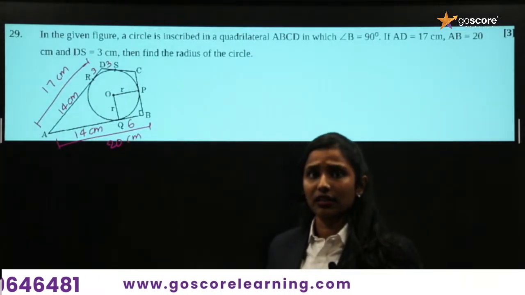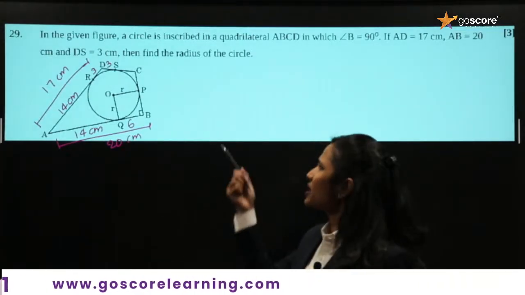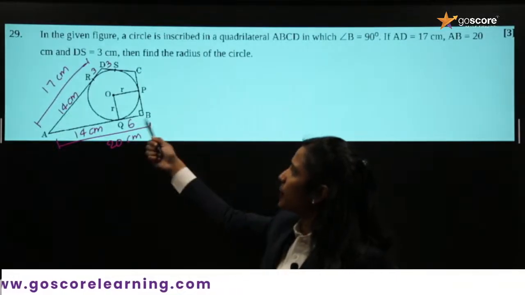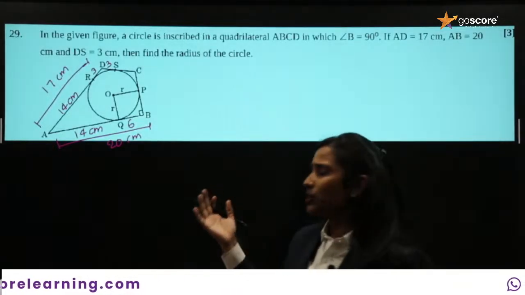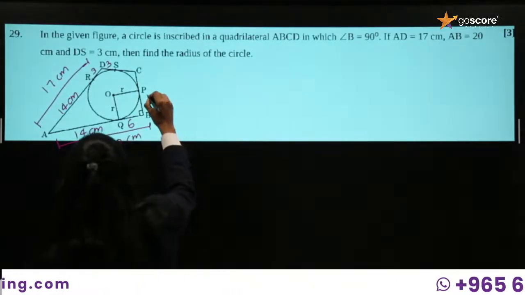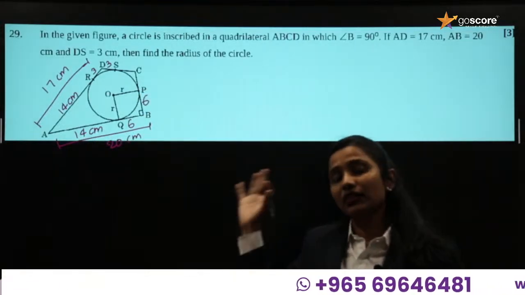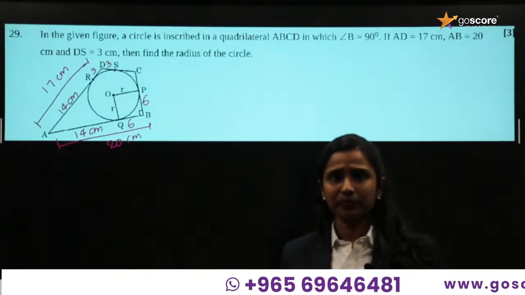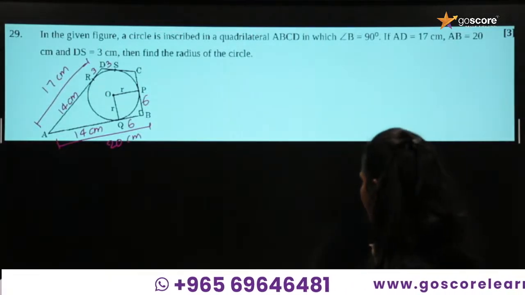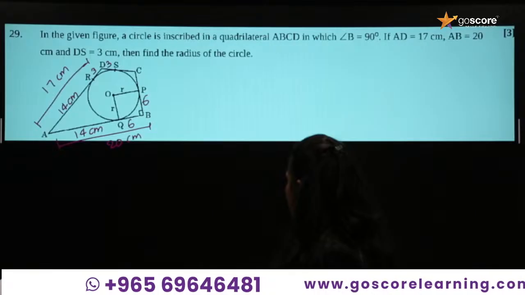Why? Because B is the external point, and BP and BQ are the tangents, which will be equal. So BP is also 6 centimeters. All these things we need to derive from the given details. Clear?